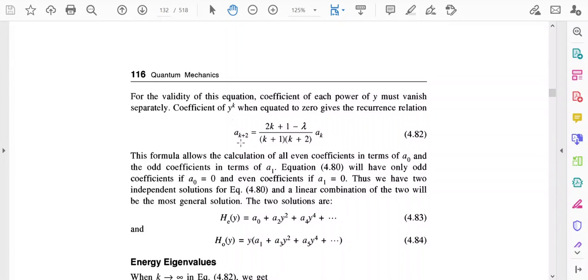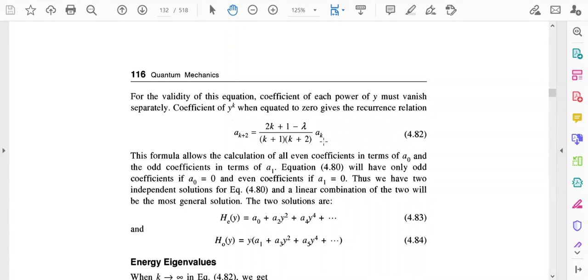Similarly, if we put k equal to 1, then you will obtain a3 in terms of a1. Then if we put k equal to 3, a5 can be expressed in terms of a3. But since a3 can be expressed in terms of a1, all odd coefficients can be expressed in terms of a1.